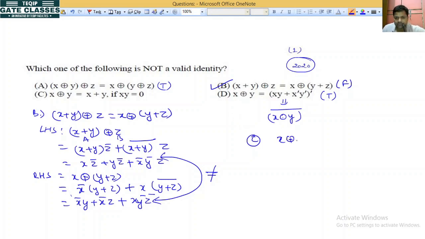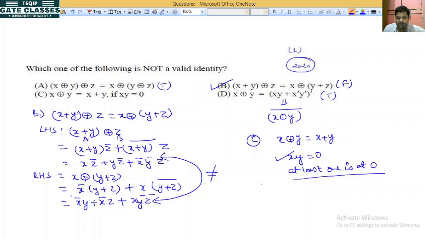So we have X XOR Y is equal to X plus Y, if XY equal to 0 is given. So when XY is 0, when at least one of these two, either X or Y or both, is at 0, that means either X is 0 or Y is 0 or both are 0, then the output will be 0, then it holds.